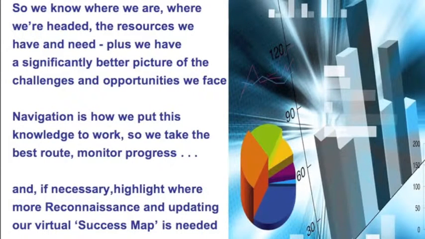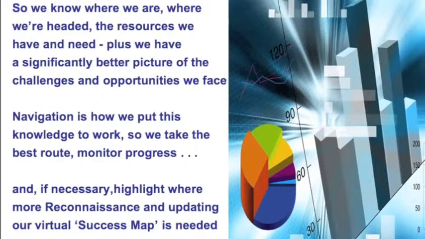So just to summarize where we've reached, we know where we are, because we've orientated and we've got the reconnaissance under our belts. We know where we're headed. We know what resources we have and those that we're going to be needing.